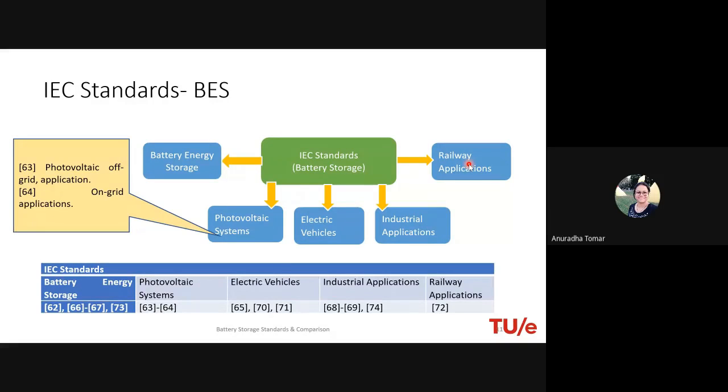So here in the IEC standard, they have battery energy storage mostly focusing on some specific applications related to railway or industrial electric vehicles, as compared to the IEEE standards.